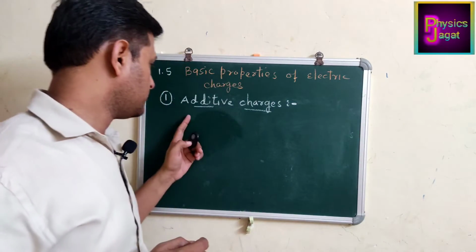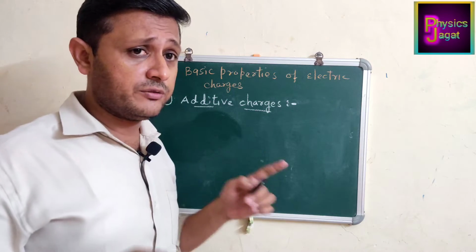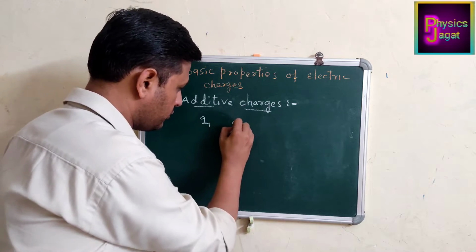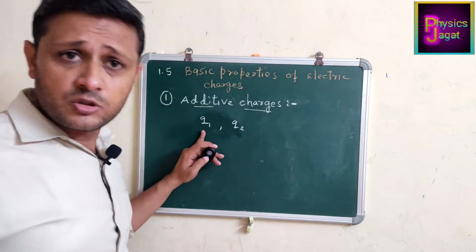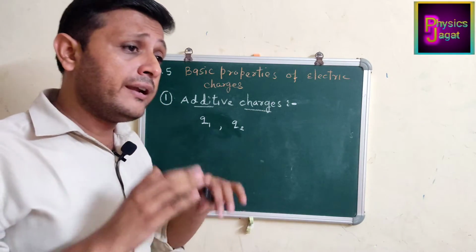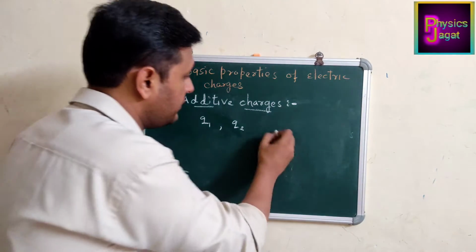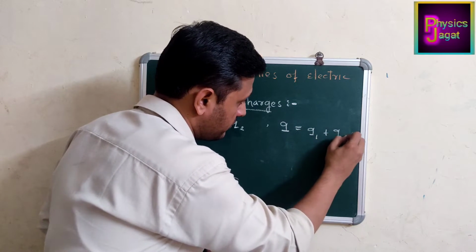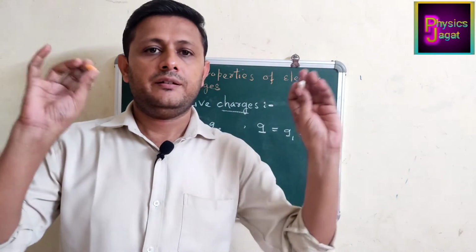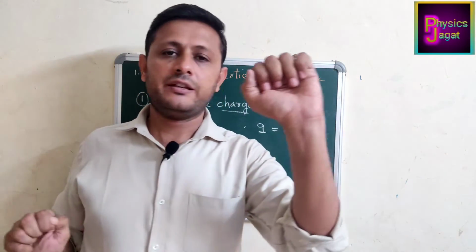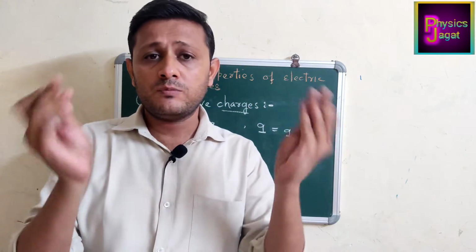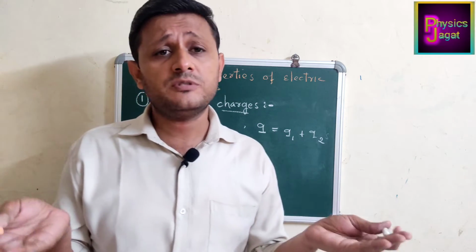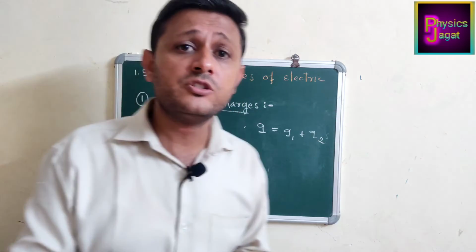Now we are going to discuss the first property of charge, the additive property. What is additive charge? If I have a system containing two charges, say Q1 and Q2, first charge is Q1, second charge is Q2, then the charge of the entire system is Q equal to Q1 plus Q2. If I have one chalk in one hand and a second chalk in my other hand, and both hands become a system, then the total chalk of the system is 1 plus 1, that is 2.